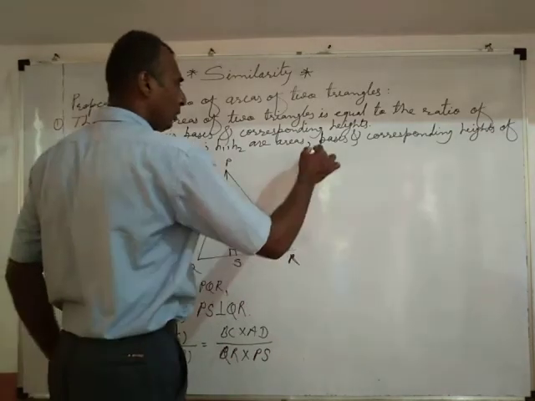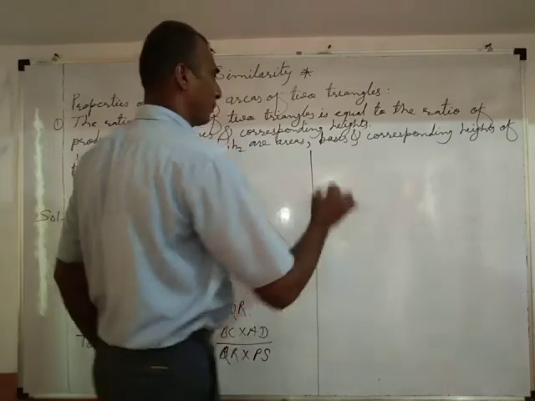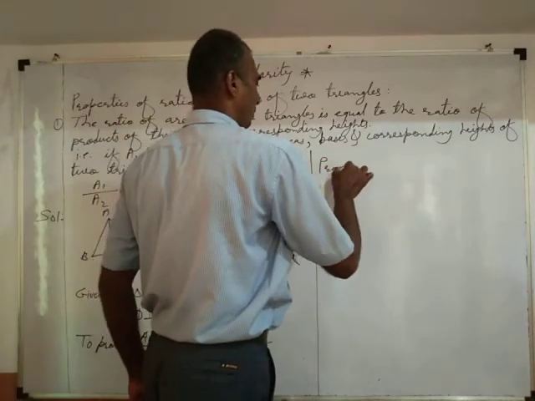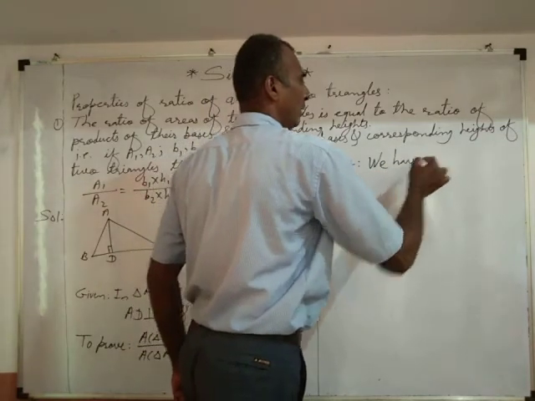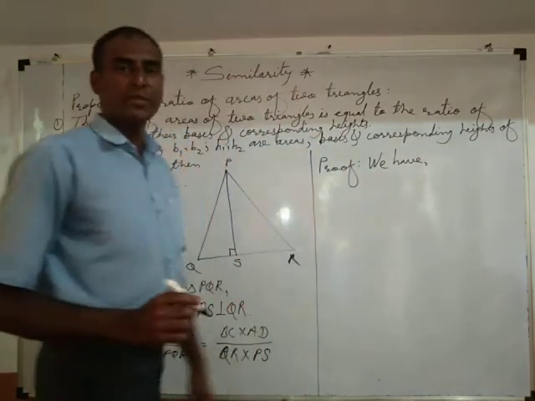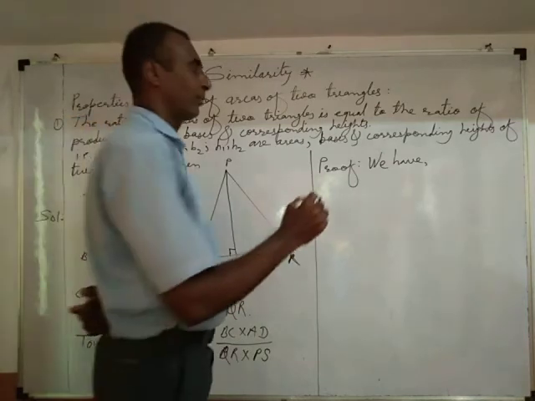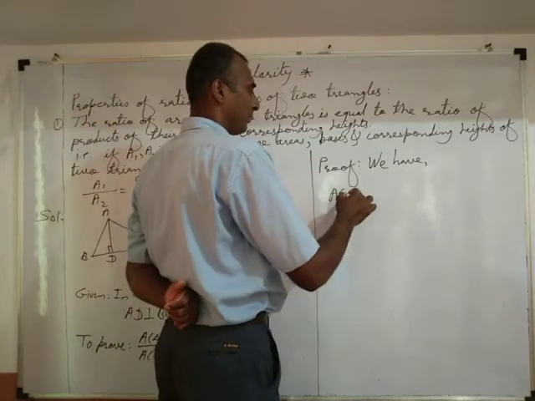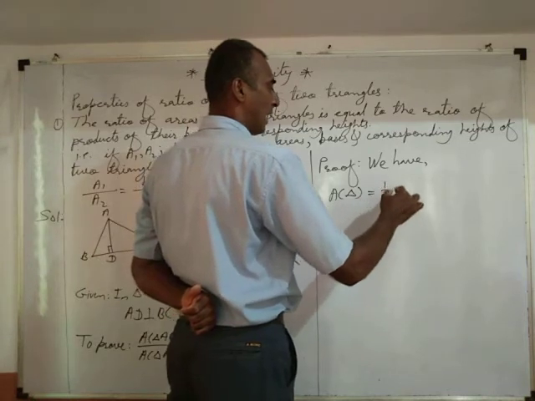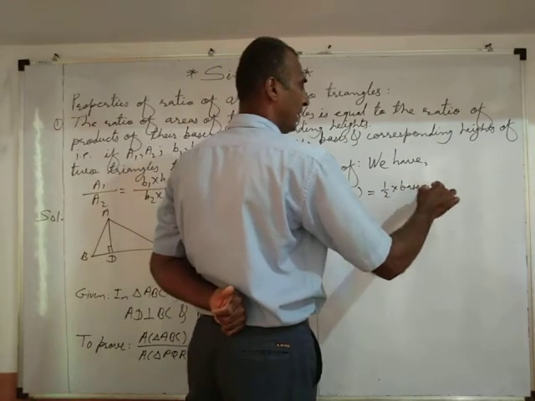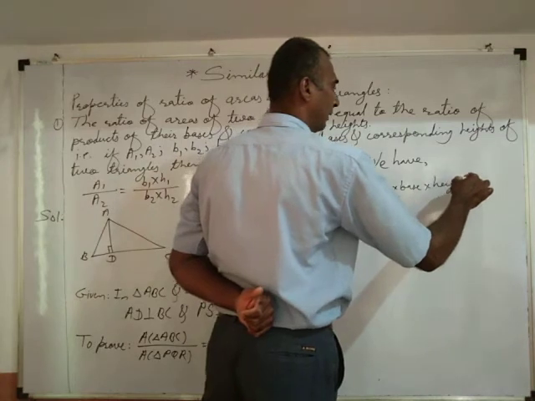Now let's prove this. Proof. We have the general formula for area of triangle: area of triangle equals half into base into height.